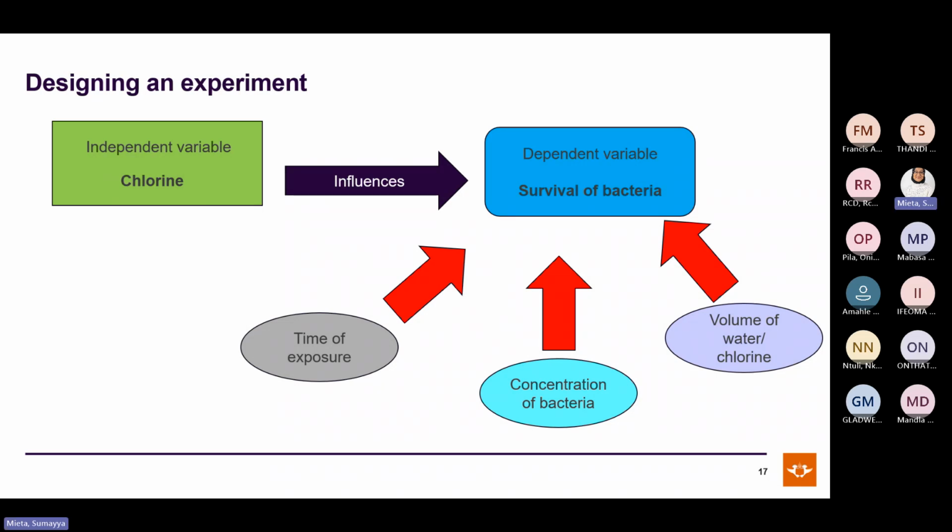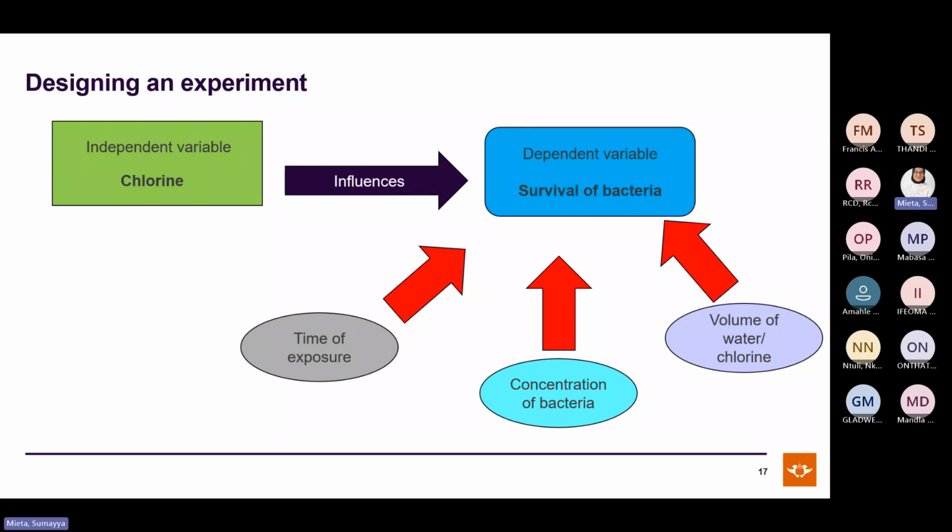But if you take the chlorine and you leave it there for 2 hours and you check, you will say that there's only 10 bacteria that are growing now. So time plays a critical role in influencing our dependent variable as well.